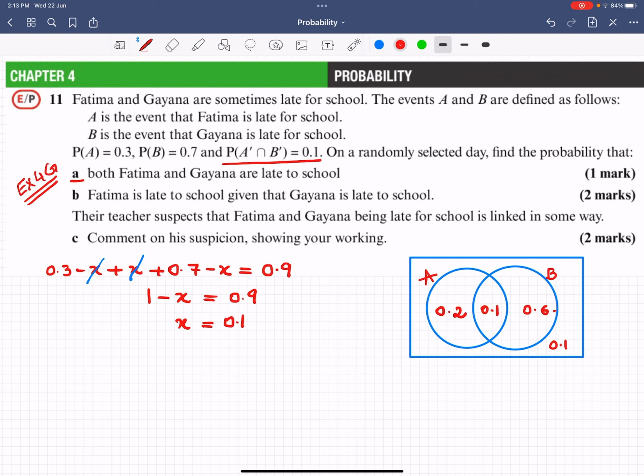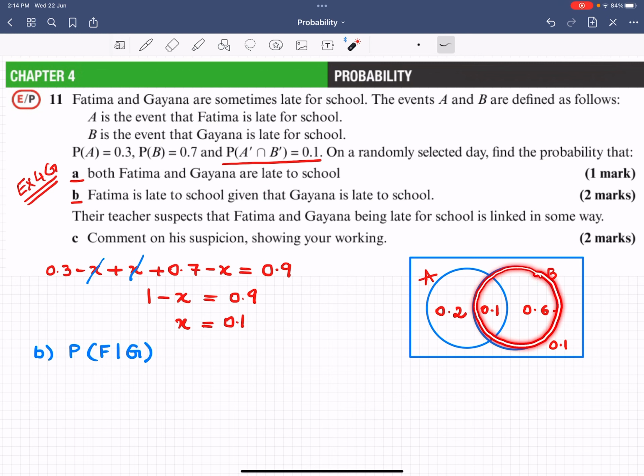Now moving on to part B, find the probability that Fatima is late to school given that Gayana is late to school. So when we say given that Gayana is late to school, we have to only look at the probability from Gayana is late to school.